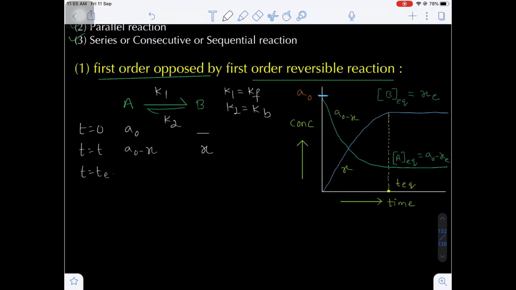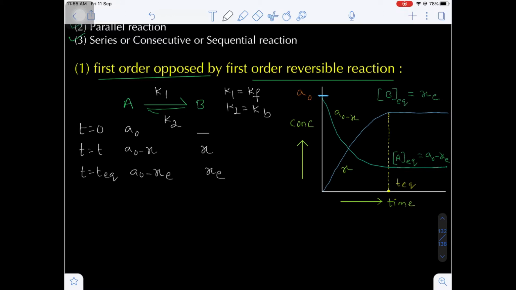When the time reaches equilibrium, let's suppose Xe moles of reactant A are consumed, where E stands for equilibrium. Then Xe moles of product are formed. Xe stands for the concentration of B at equilibrium, and A0 minus Xe stands for the concentration of reactant A at equilibrium.